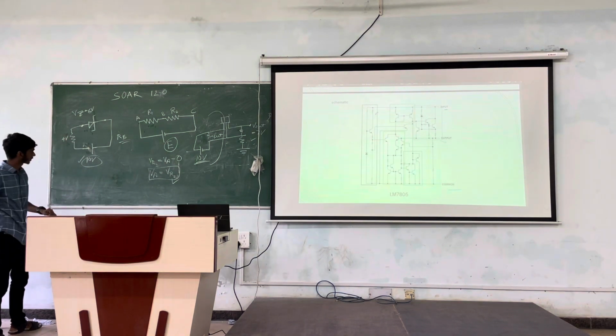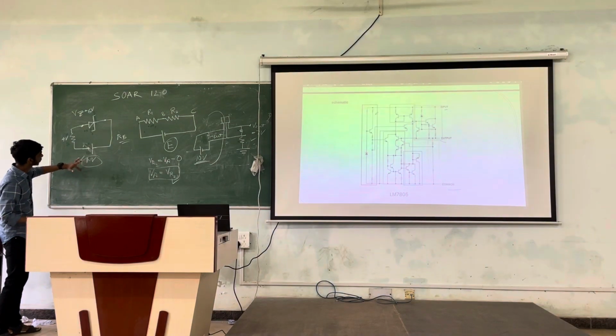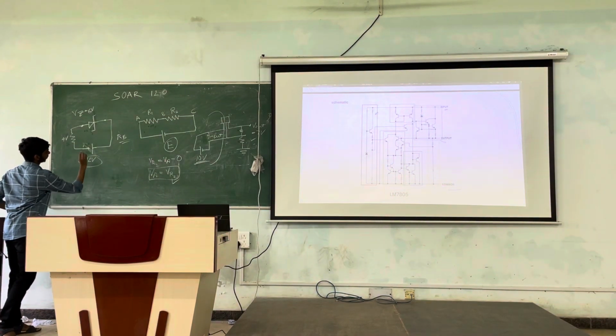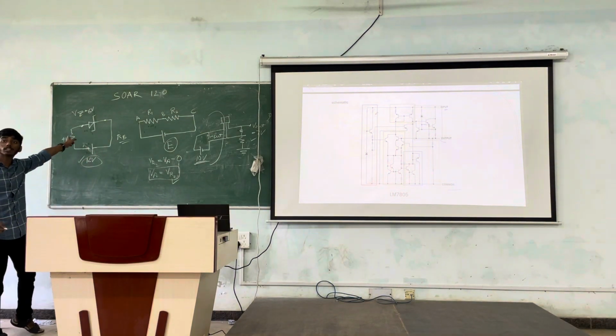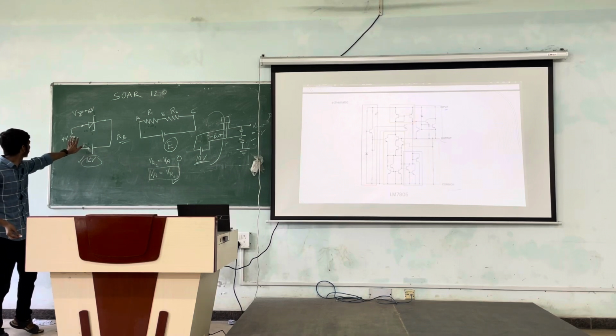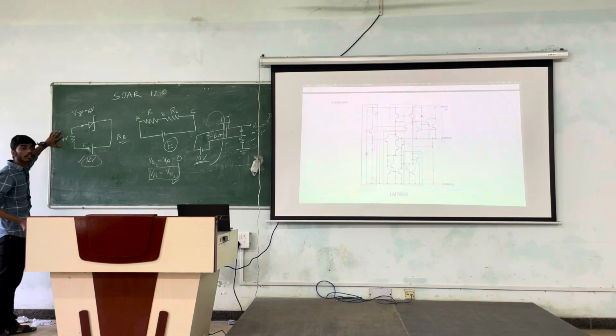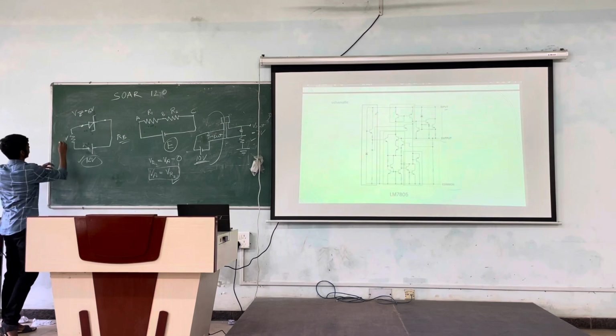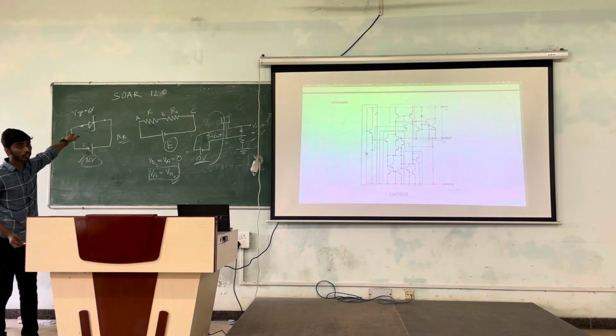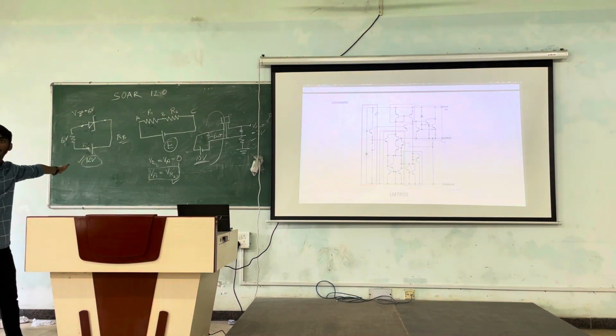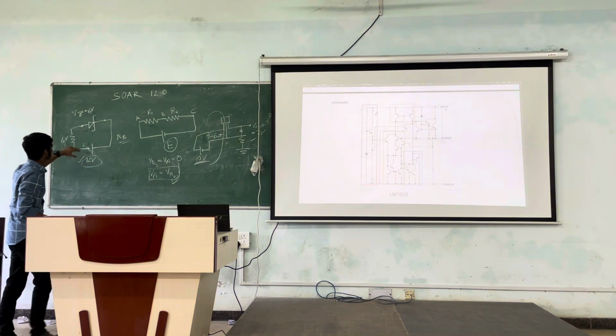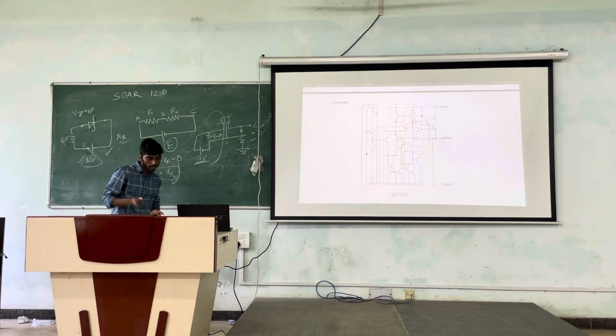So we'll get 4 volts here. What if we increase it by 2 volts more? So the Zener will still be at 6 volts, and this voltage will be 6 volts. So here you can see that the Zener diode is working as a voltage regulator. That's just the basic thing to understand.